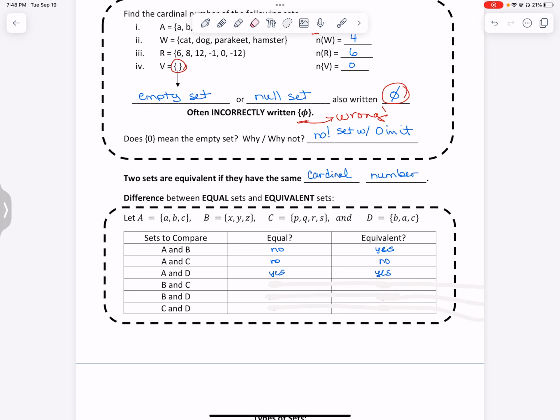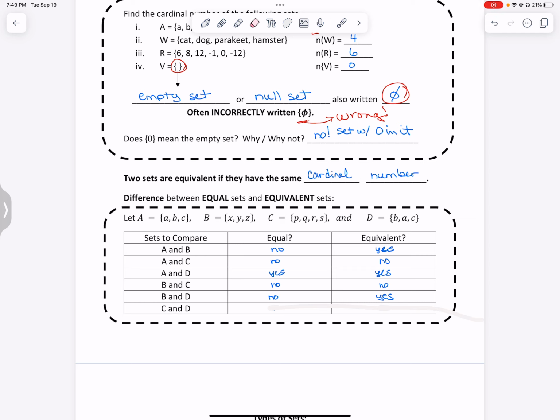So let's look at B and C. B is XYZ. C has 4 in there. So they're different elements and there's a different cardinal number. So both of those are no. B and D. B has 3. D has 3. Notice they're not the same. Excuse me, they're not equal, but they are equivalent.